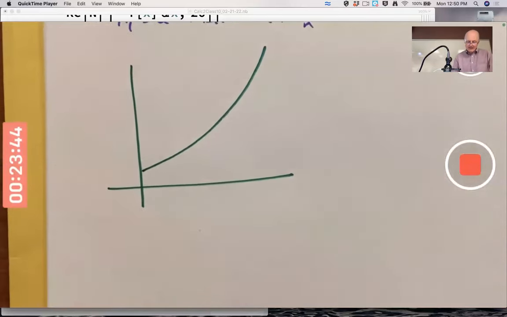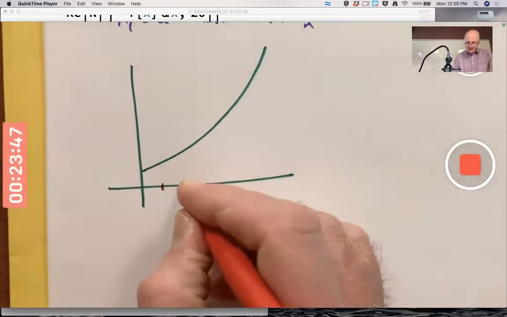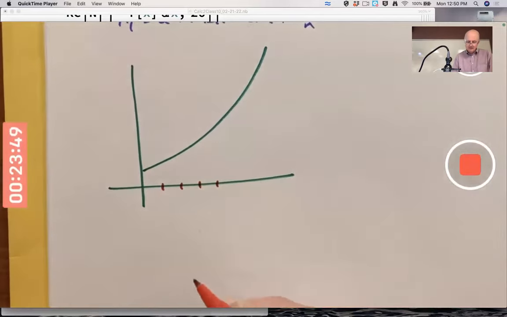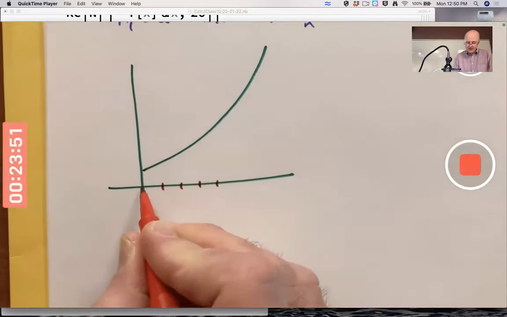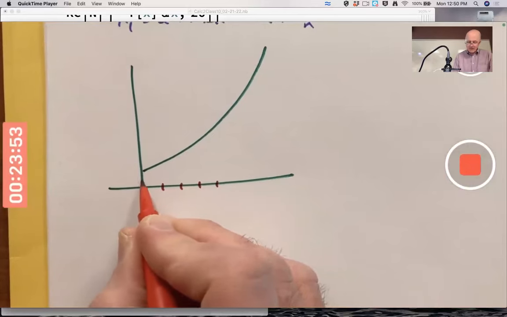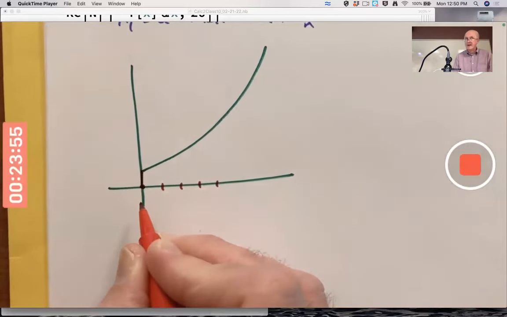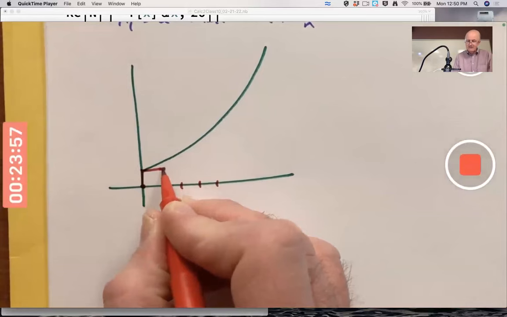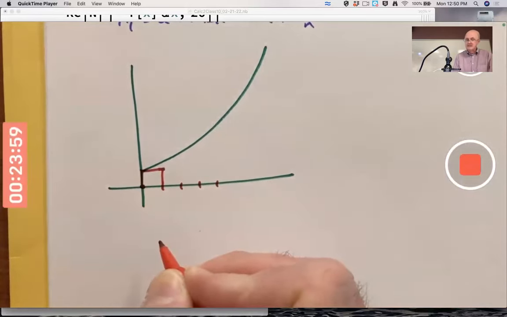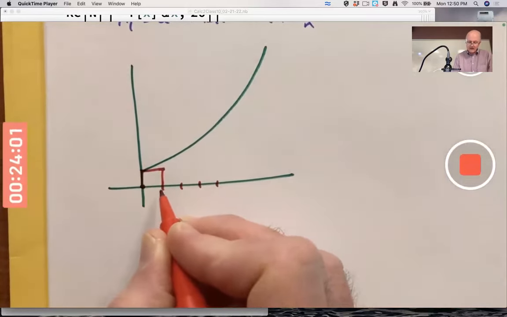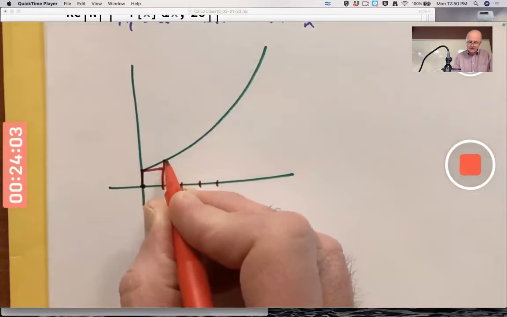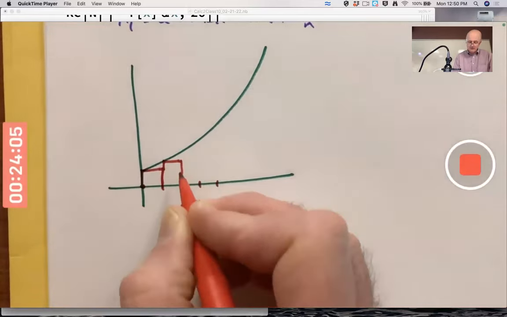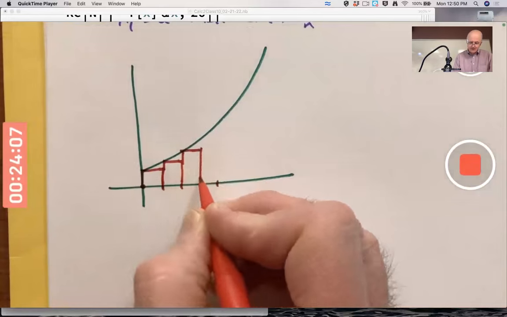Remember, the idea of a left-hand sum is that for each subinterval, like the first one here, you take the left endpoint and go up to the graph to determine the height of the approximating rectangle. So the rectangle is going to look like this. Do the same thing for the second subinterval, go to its left endpoint, go up to the graph, and make a rectangle like this. Do it for the third, etc.